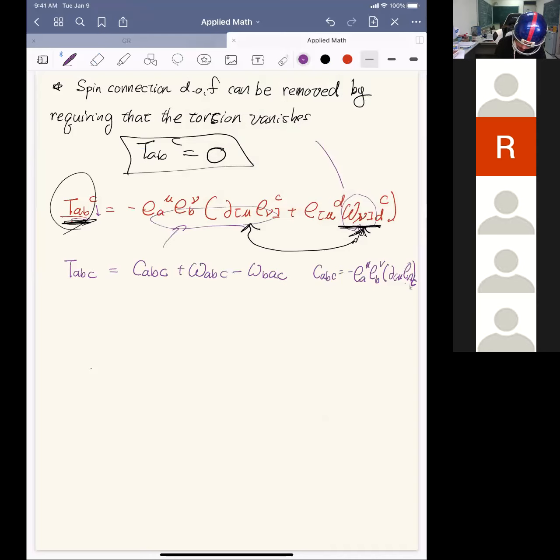But importantly, C_ABC is antisymmetric in these two indices, whereas the omega, the spin connections, are antisymmetric with respect to the last two indices.